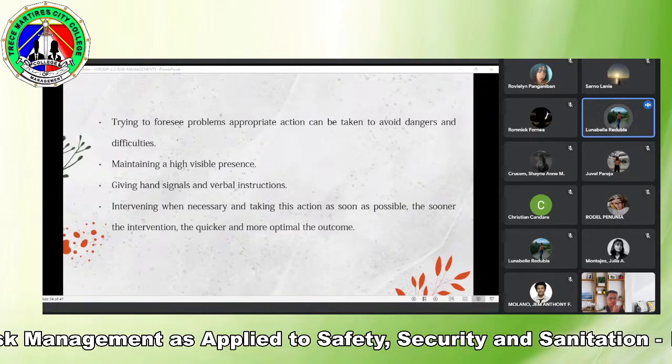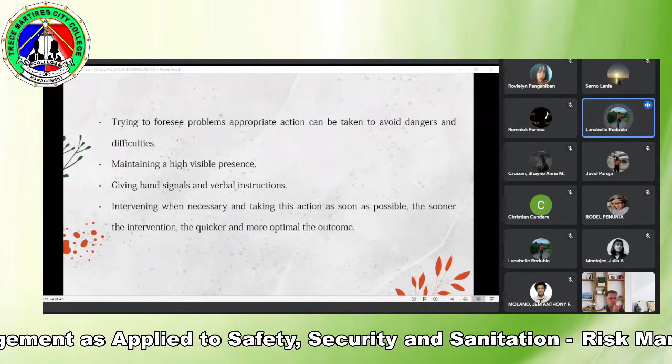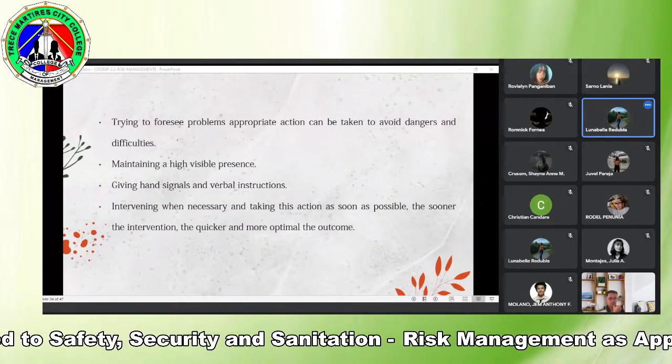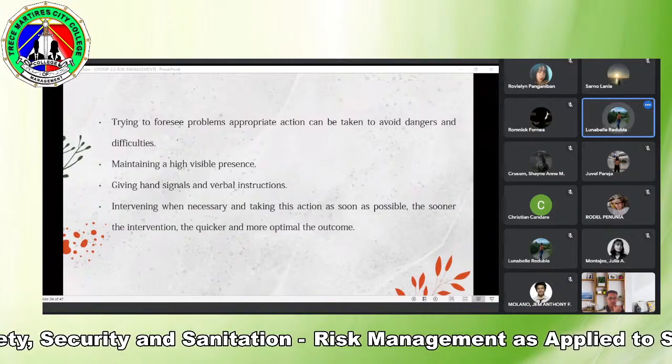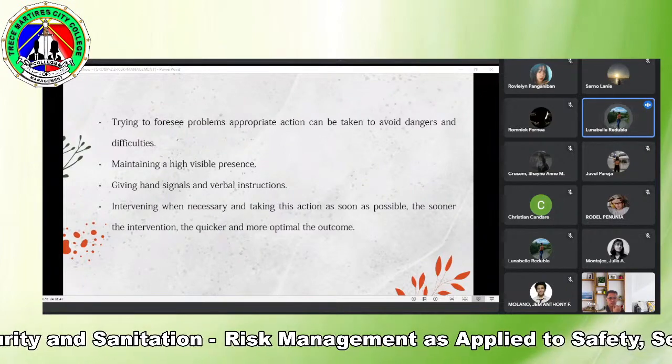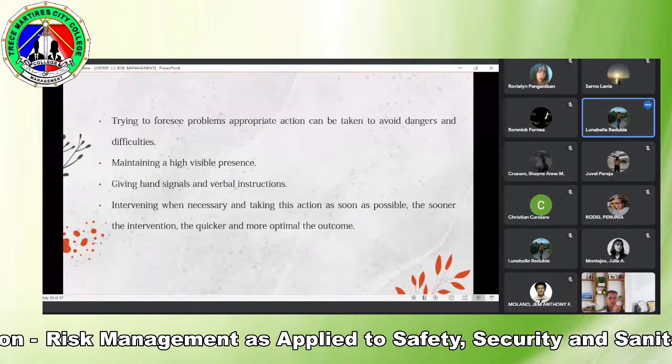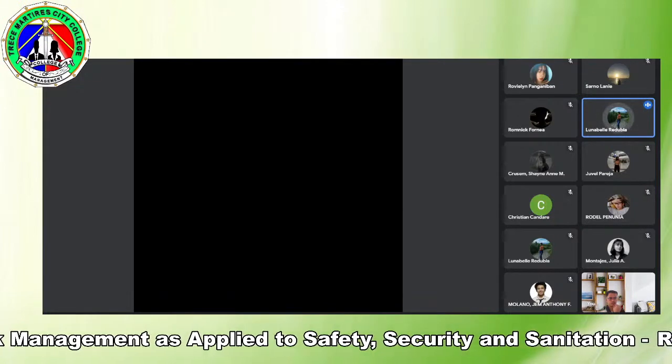Kasi nakitaan niya na medyo authoritative person to or medyo high presence yung tao. So, isa po yun sa importance ng pagiging high presence person po or authoritative person.